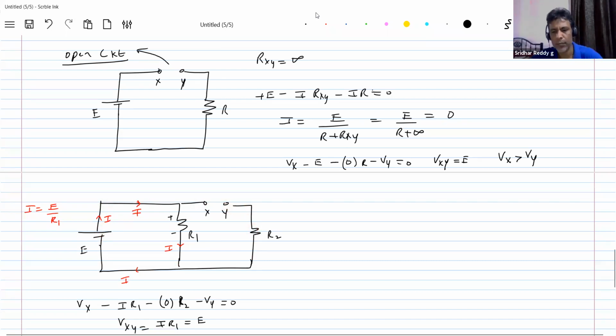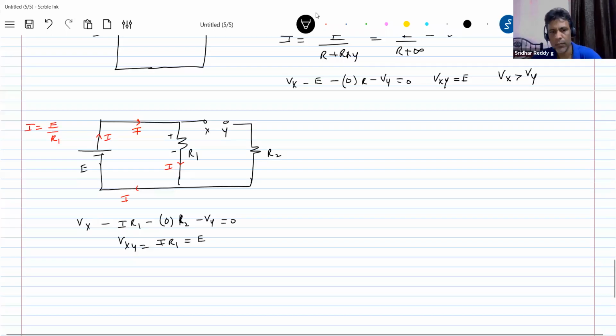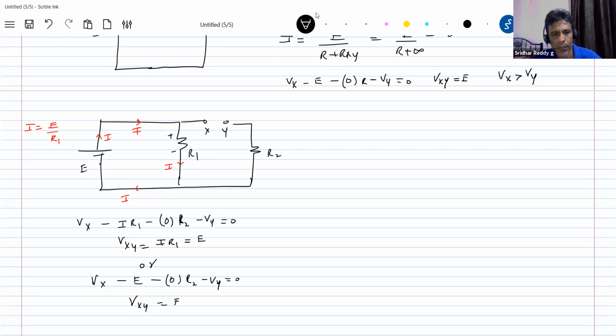Or minus E minus 0 into R2 minus Vy is 0. So this shows that Vx is greater than Vy. This is like an open circuit.